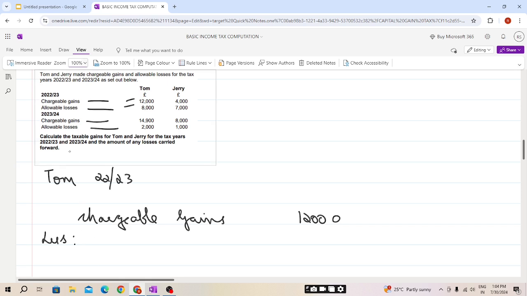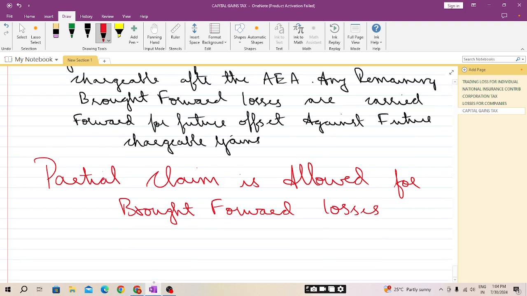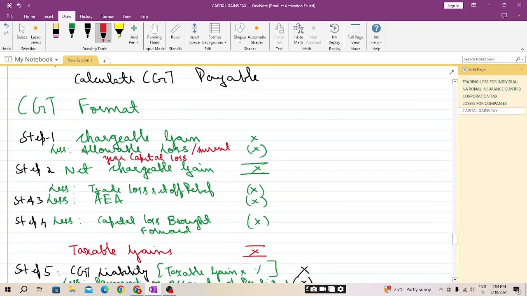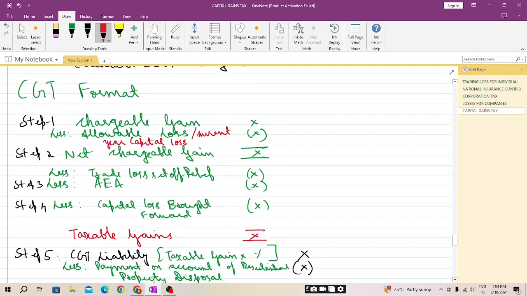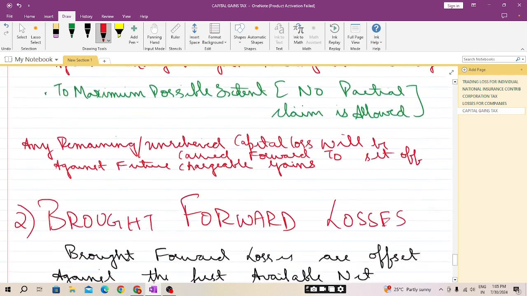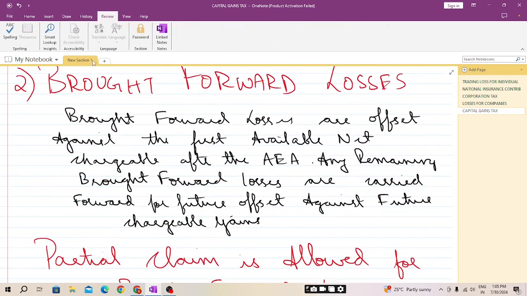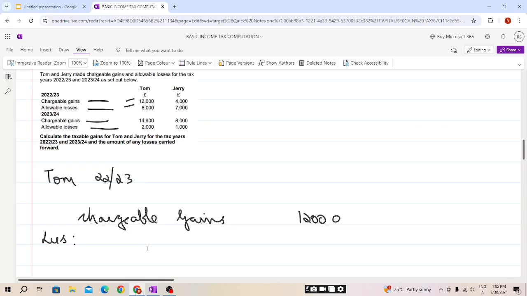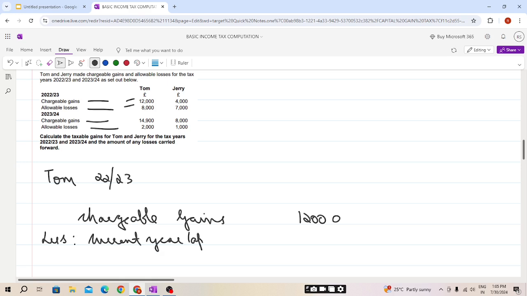Please do remember this format, we have already done it, students. Chargeable gains less current year capital loss, that is allowable loss. We will be doing this. So less allowable loss, that is current year capital loss, students.